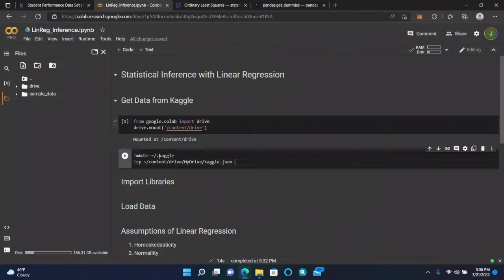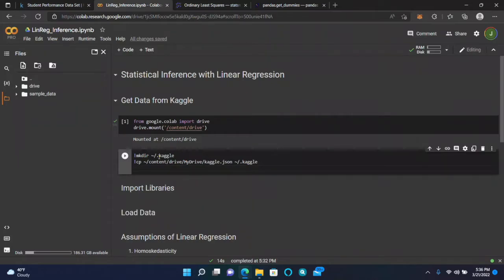And you need to bring that into the new folder that you just made. And then you're going to want to do chmod 600 to that file you just made, .kaggle/kaggle.json.